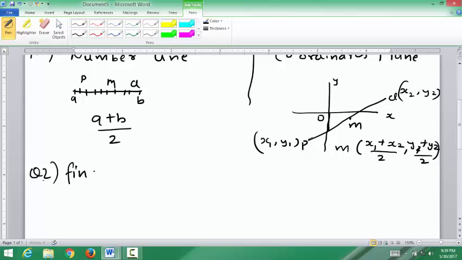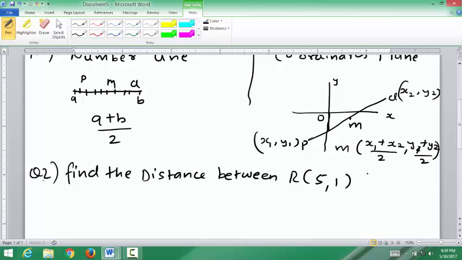Question 2. Find the distance between R(5, 1) and S(-3, -3).